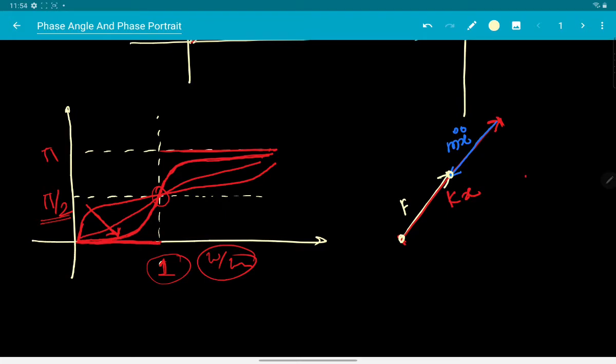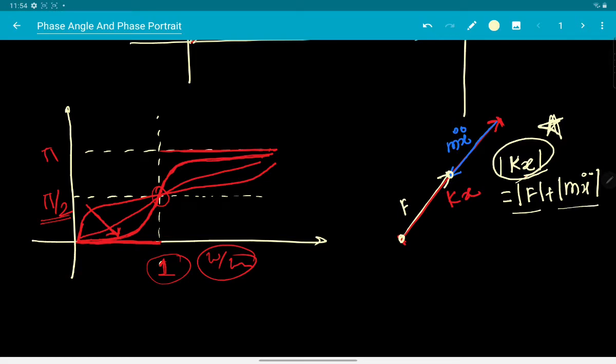Okay, so you will be able to say that magnitude of kx is equal to magnitude of f plus magnitude of mx double dot, and obviously kx is the dominating force. That is, stiffness force is the dominating force of all forces which are contributing.